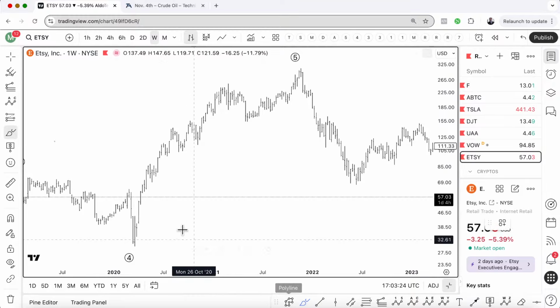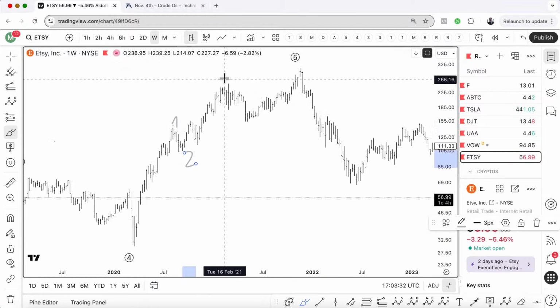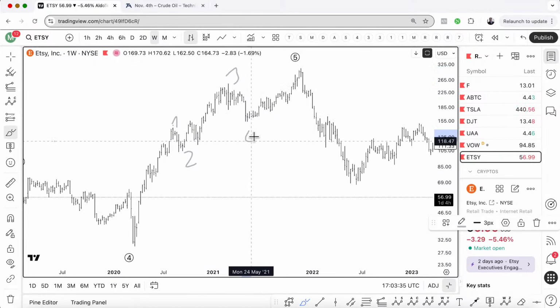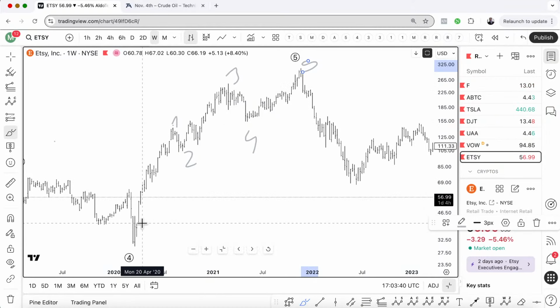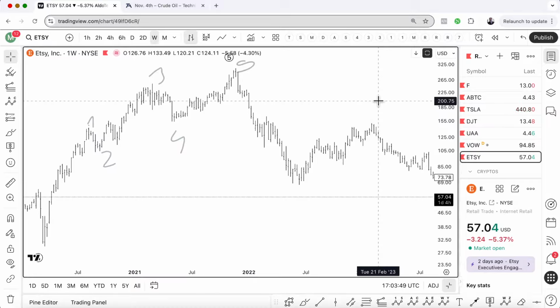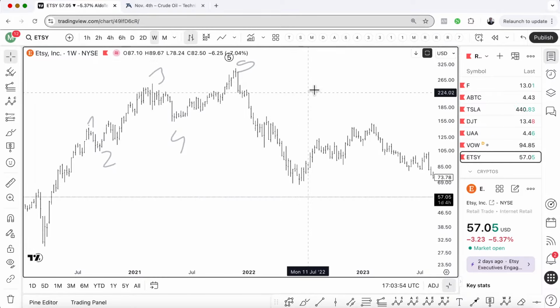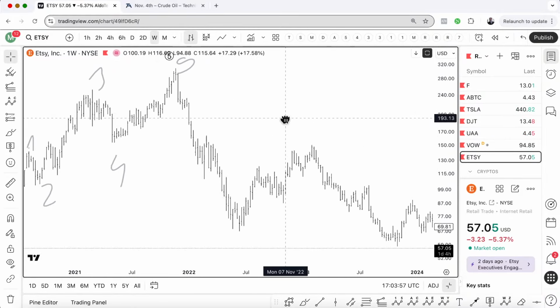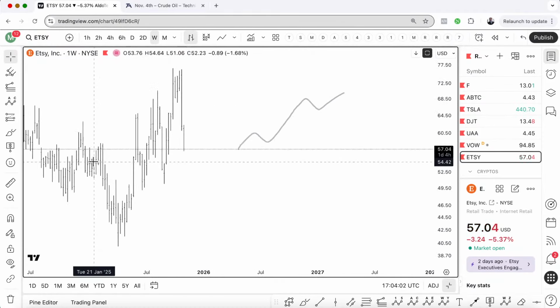We said this is 1, 2, 3, 4, 5 for 1, and then 2, and then 3, 4, and 5, of course. Now, notice that in this case, the 1 is longer than I typically draw them, right? It's longer than 3, it's longer than 5, but 3 is not the shortest, and that's what matters, because the rule says that 3 can never be the shortest. So now let's go back to that drawing I was making.